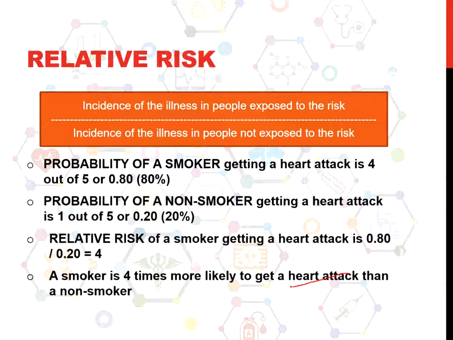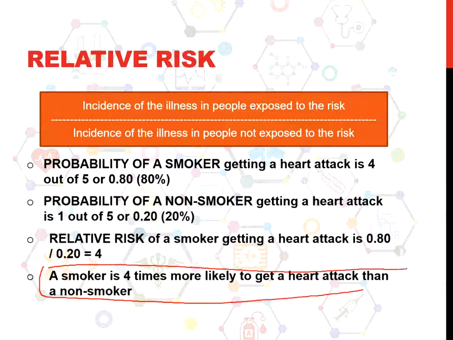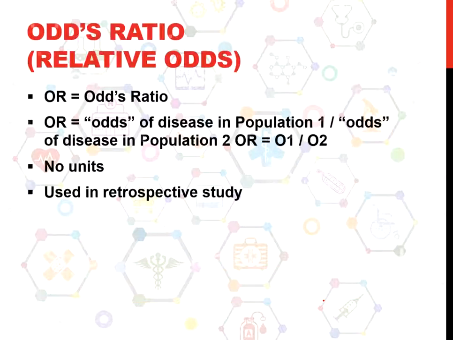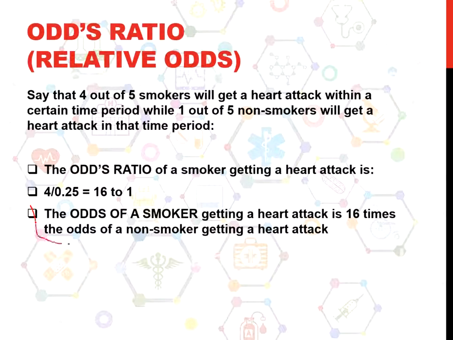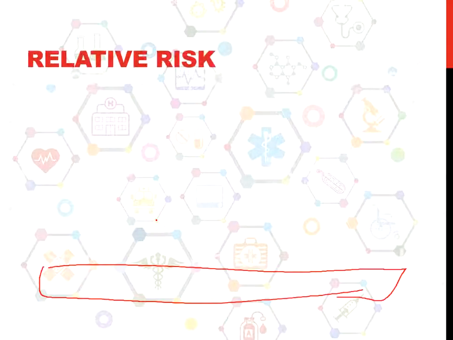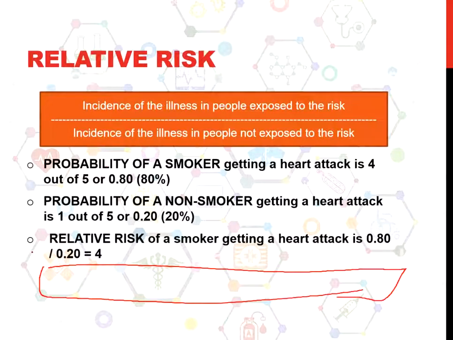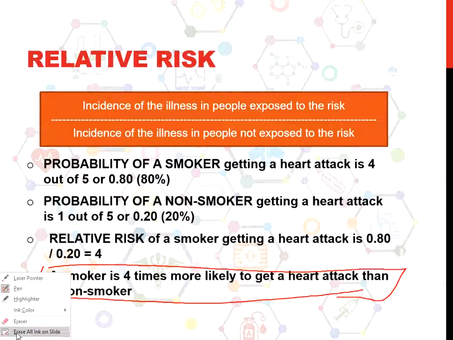So, pwede naman dito diabetes, cancer, so pwedeng iba-iba, depende sa situation or sa given. Pero usually, ito na yung patterns ng mga sagot along with this. Yan. So, dalawang patterns na pwedeng gamitin. So, tandaan na lang yon. Palit-palit lang yun ng data at makukuha mo yon pareho.